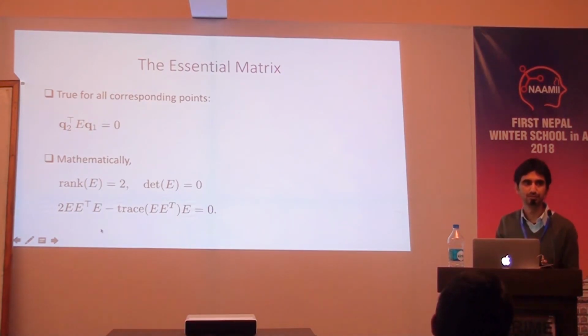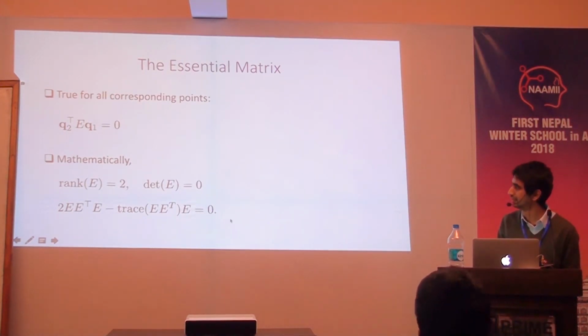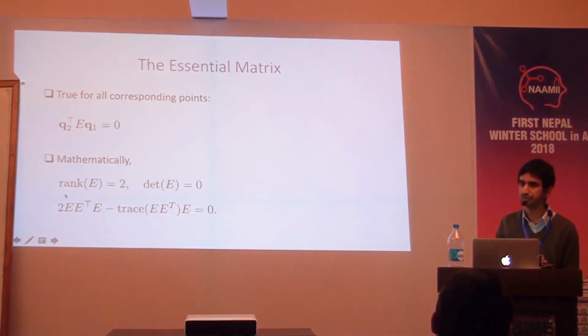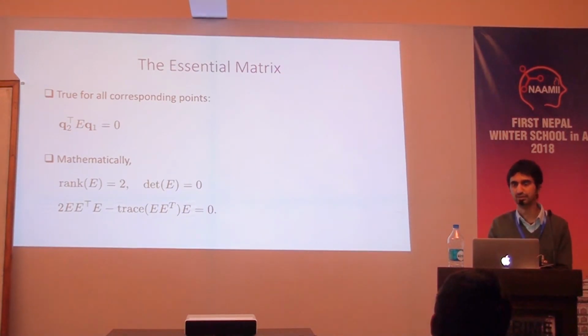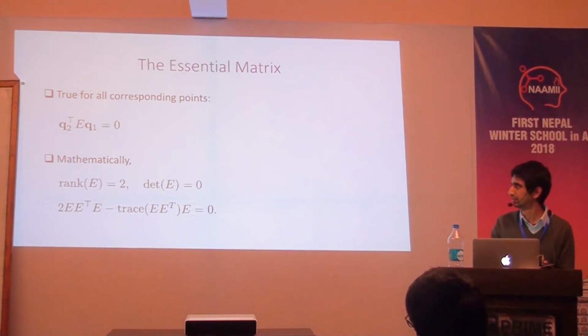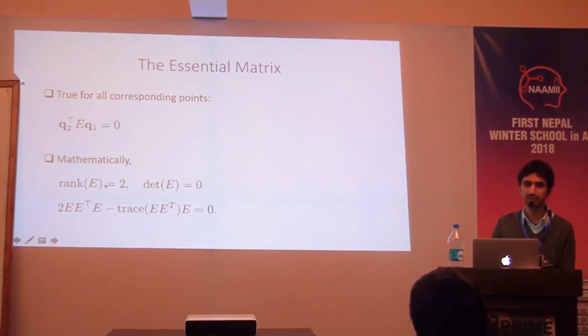You don't need to go into detail of that. This is just a relation that can be used to compute the essential matrix better. So even without this last relation, you can compute E.